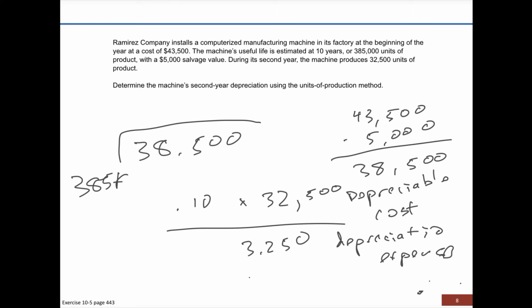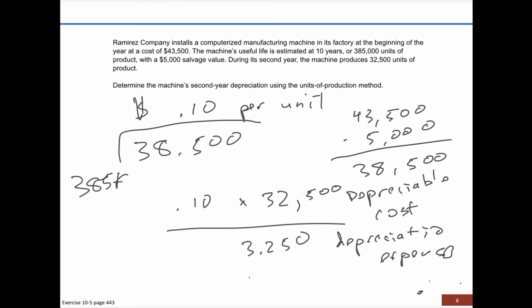So in the second year, I looked up here and it says, okay, in the second year I used that many units. This calculation here, 38,500 divided by 385,000, gave me a cost of 0.1 or 10 cents per unit.